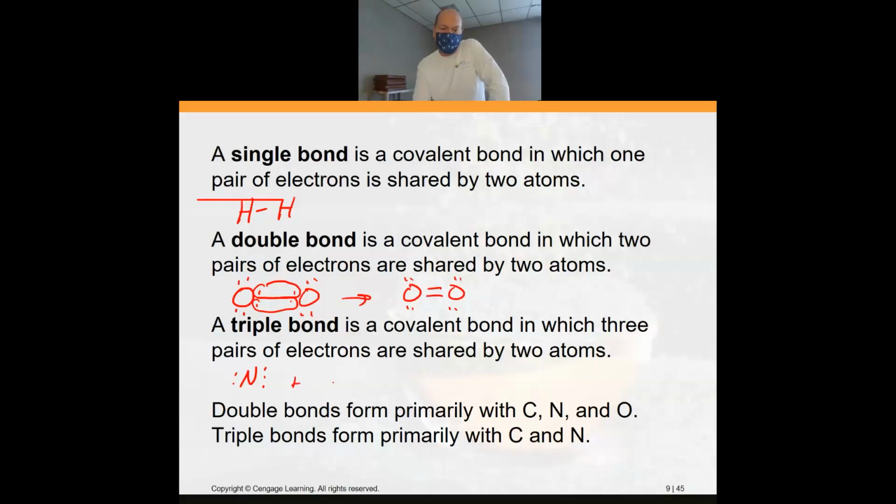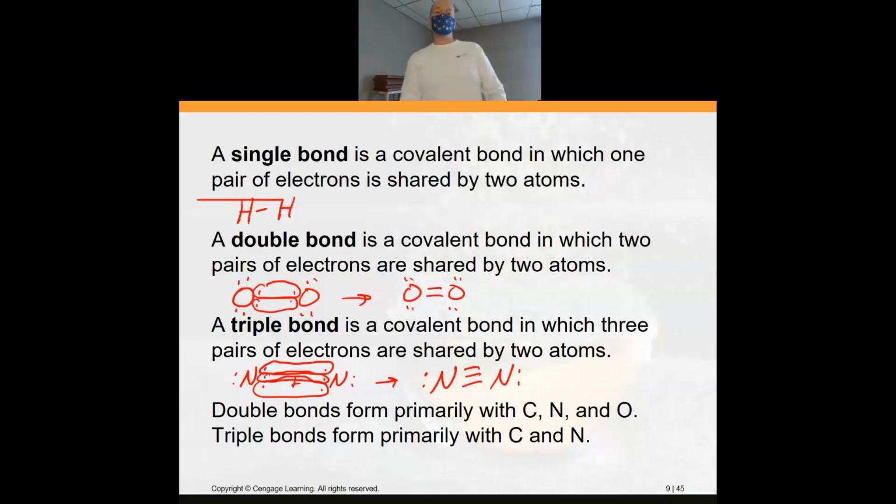Because when I'm writing nitrogen this time, I'm going to write it this way for a reason. We know that nitrogen is also diatomic. What happens is we share electrons here for one bond. We share electrons here for a second bond. And we share electrons here for a third bond. And so nitrogen has a triple bond between the 2 nitrogens.